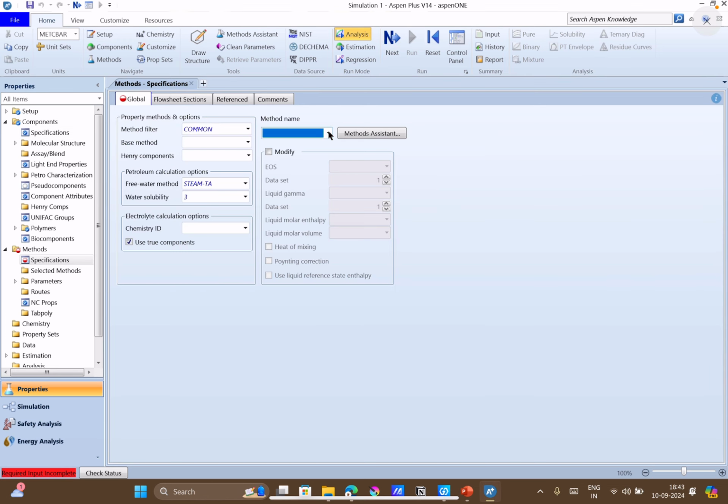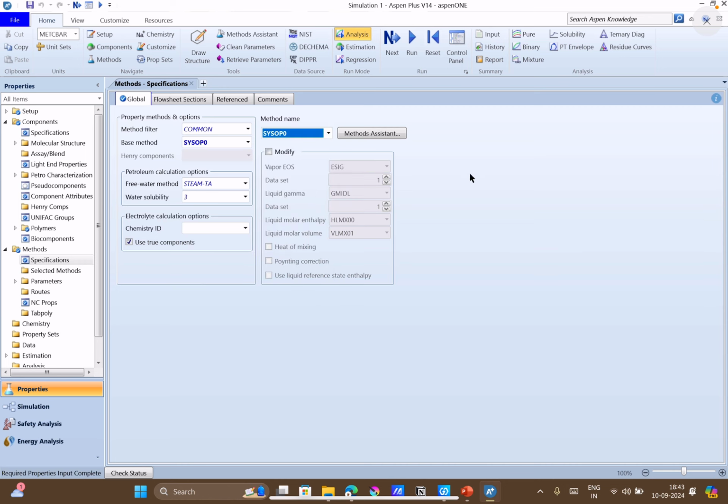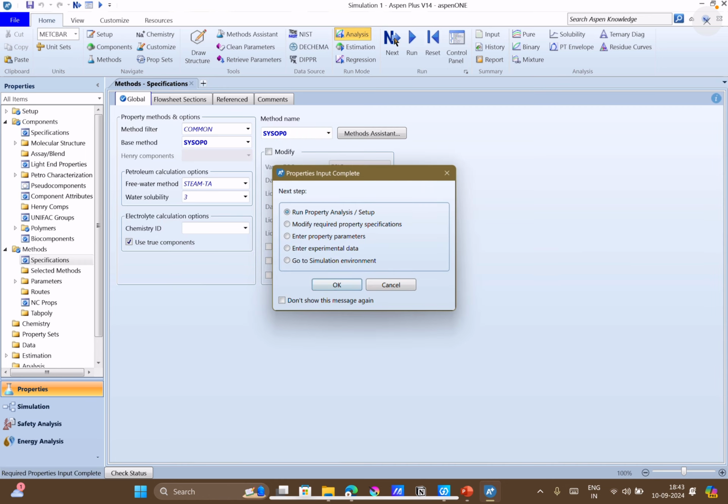The method that has been asked to us to select is this method, which is... run the property analysis.